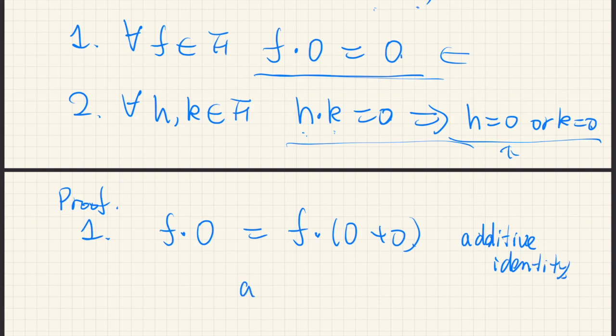Remember, for any element a, if we add 0, then the result is that element again. So this a can be 0 also. That's what we used here. So 0 plus 0 is equal to 0. Now, using the distributive law, this is equal to f times 0 plus f times 0.